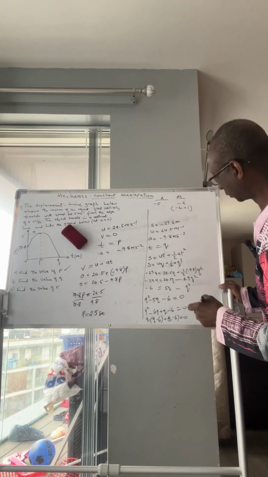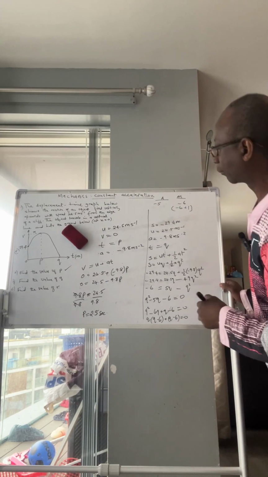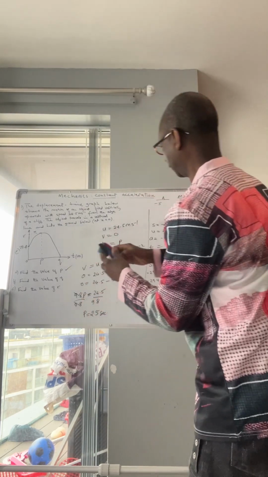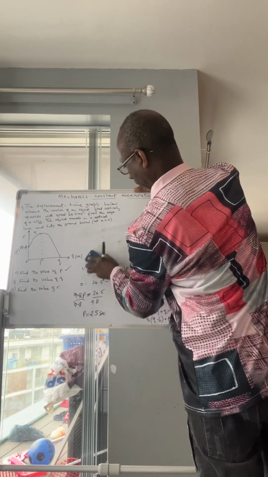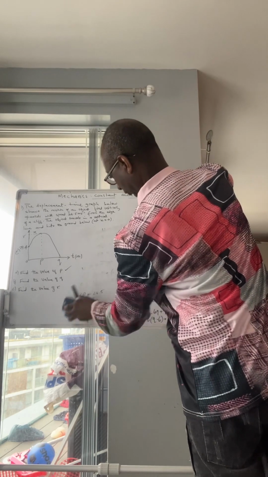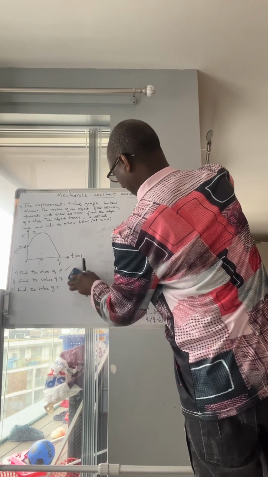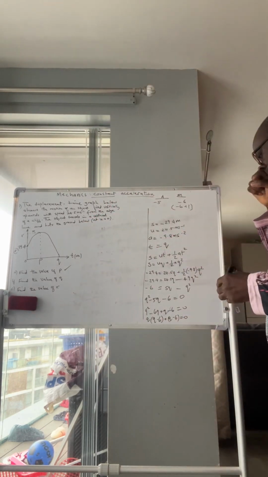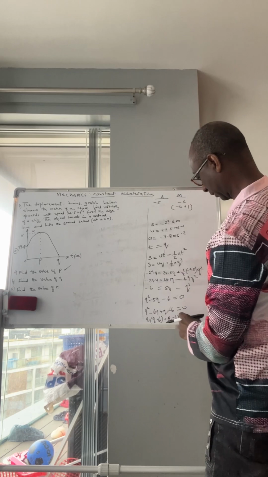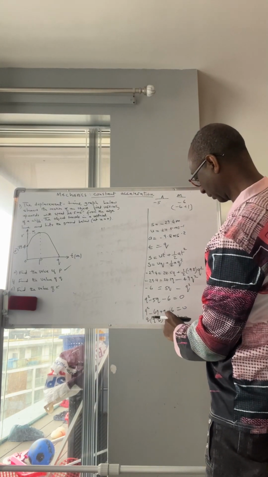I need space somewhere. I want to get rid of this. We'll finish this side. Yeah? So now we'll factorize this one. You get q plus 1.